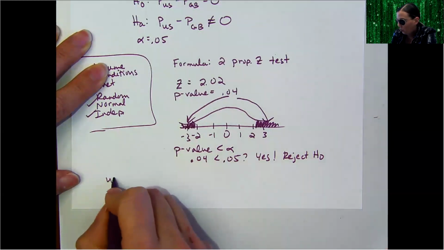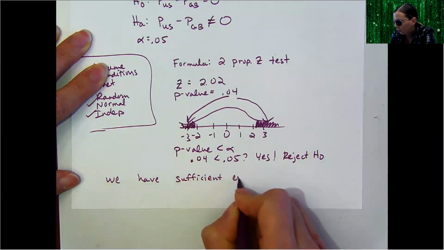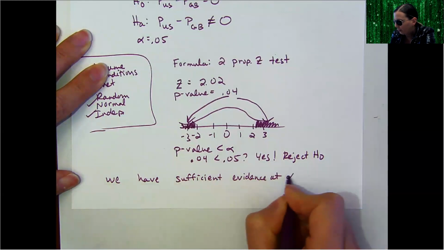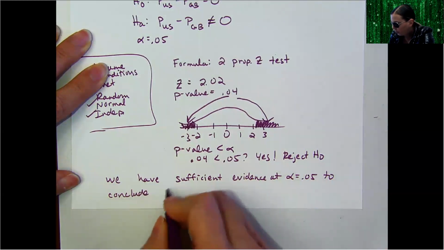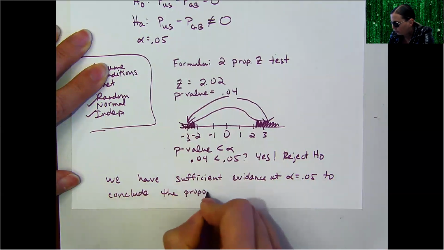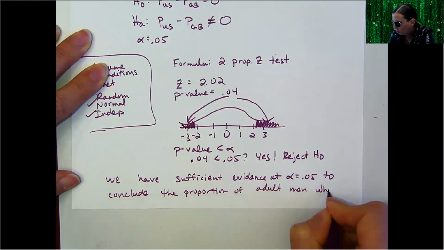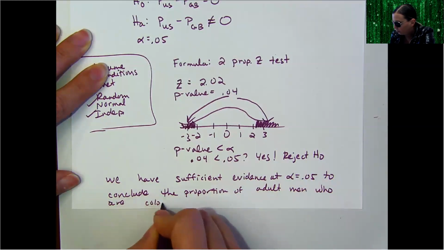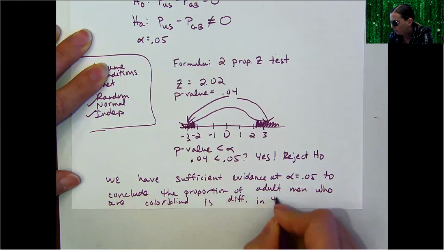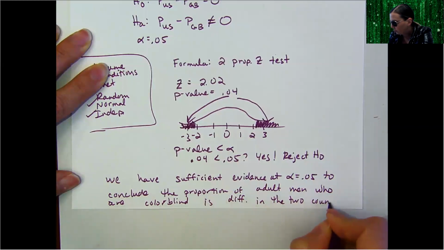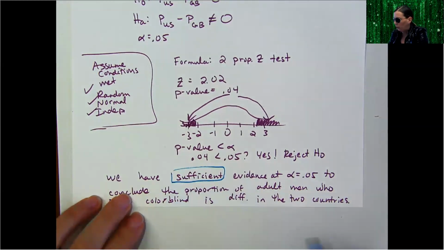Your sentence: we have sufficient evidence at alpha equals 0.05 to conclude the proportion of adult men who are colorblind is different in the two countries. We have sufficient evidence to conclude the Ha.